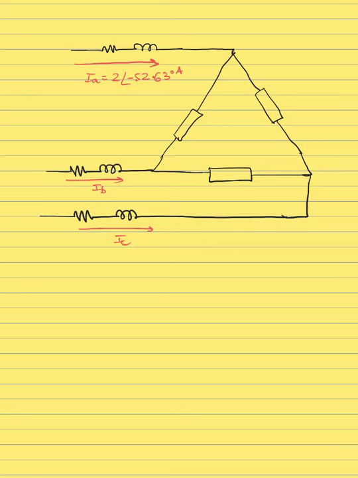What am I expected to calculate? I am expected to calculate this current IAB in the arrow direction, and this current IBC and this current ICA. And you know that once the current flows through the winding or through the parts of the load, they are called the phase currents.